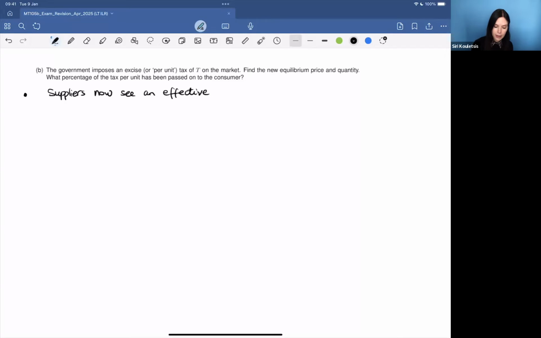Remember that it's the supply function that changes because suppliers now see an effective price of P minus T. So the supply function in the presence of the tax becomes the old supply function evaluated at P minus T. The expression for the supply function was Q equals P over 4 minus 1, and so now we get P minus T over 4 minus 1.